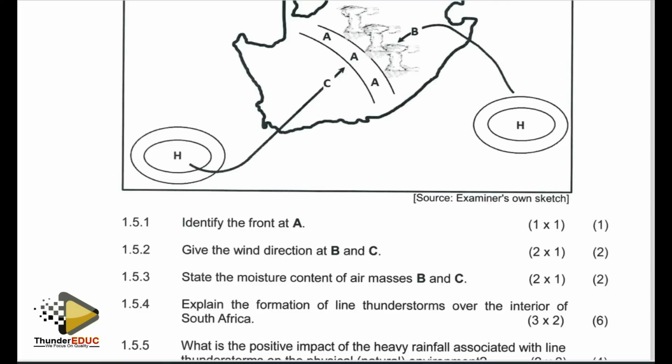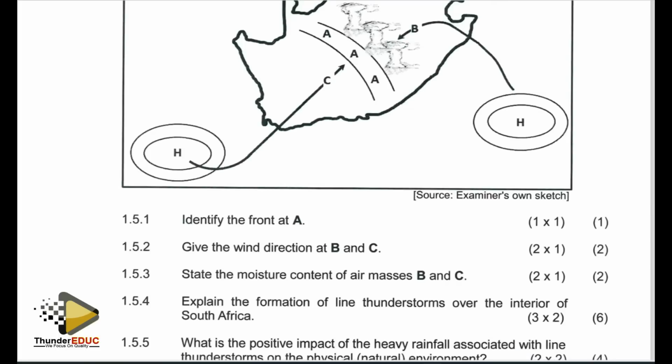This is coming from a slightly northern direction and from the east, because it's coming from over the Indian Ocean. So it's a northeast, and this one coming from the Atlantic becomes a southwesterly wind. So it's southwest from this side and northeast from this side here.